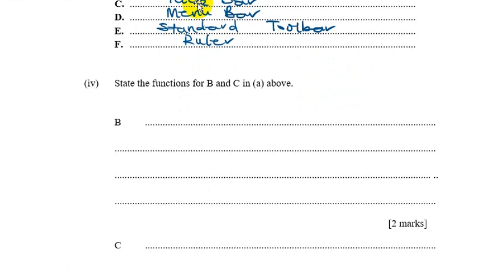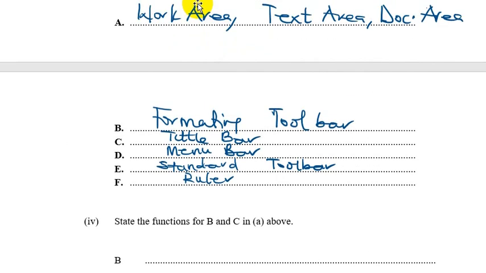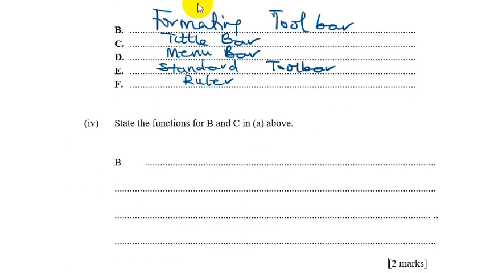Now part IV says: state the functions of B and C above. So we are to list the functions of B and the functions of C. If you don't know B and C, you can't do IV. So the B is the formatting toolbar and the C is the title bar. If we list any 2 functions, it's okay because the max is 2.